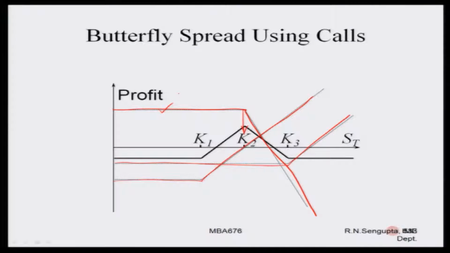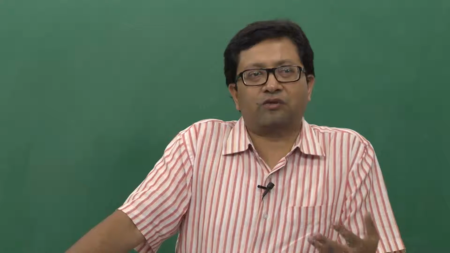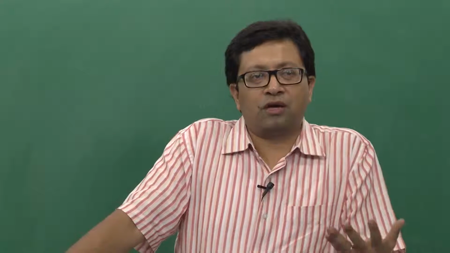We will draw these graphs considering K2 is the midpoint between K1 and K3, even though that need not be true, so that you get a good feel of how these different options, put, call and so on, are combined.